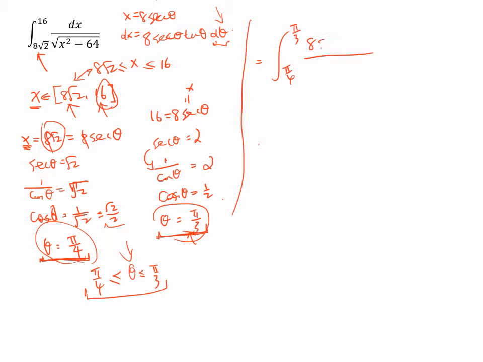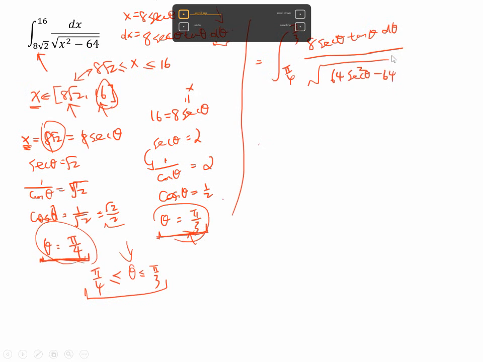dx is 8 secant theta tangent theta d theta, over the square root of x squared minus 64, which is 64 secant squared theta minus 64.